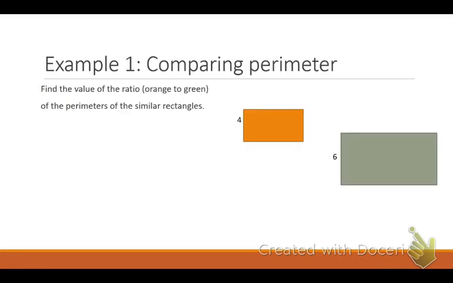So what I'm going to do in these examples is compare the perimeters, all right? And it's going to be real specific on which figure to start with. So if it says from orange to green, I know that orange comes first and then green. I'm going to put that into a fraction. 4 over 6, all right, 4 over 6, and I'm going to reduce it.